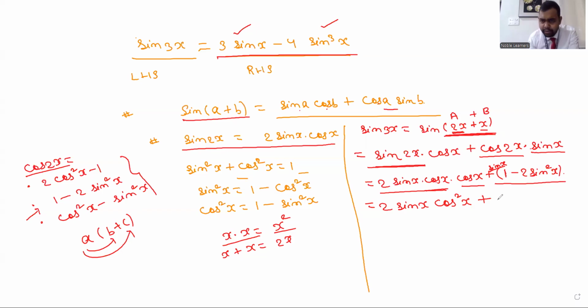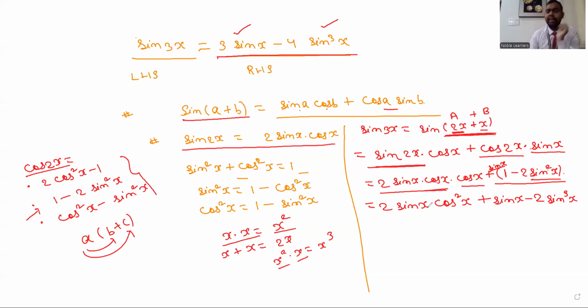Sine x times 1 is just sine x, and when the bases are same, then the exponents are added. So if I have x squared times x, that is going to make x cubed, okay. So sine x times 2 is going to make 2. First of all, plus and minus will make a minus, then I'll write 2, and then sine x, and then that is a square. So that's like x squared times x, so that is going to make sine cube x, okay. This is how I'm going to write.